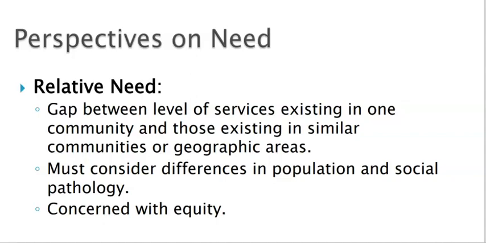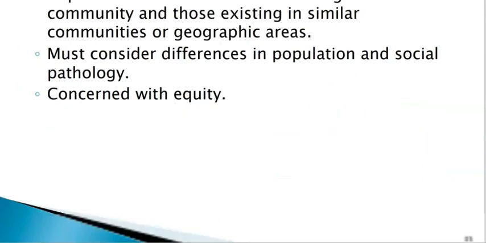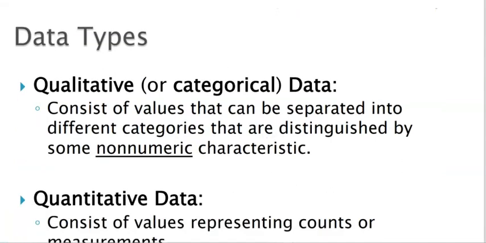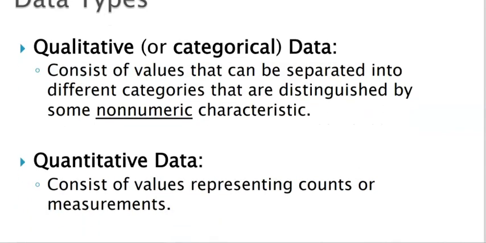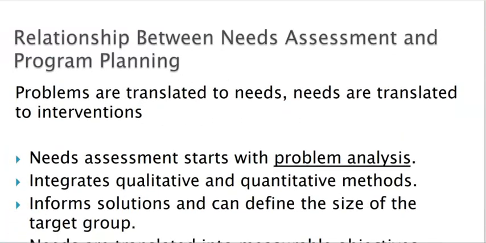You must consider differences in population and social pathology and concerns about equity. Qualitative data consists of values that can be separated into different categories that are distinguished by some non-numeric characteristic. Quantitative data represents counts or measurements.